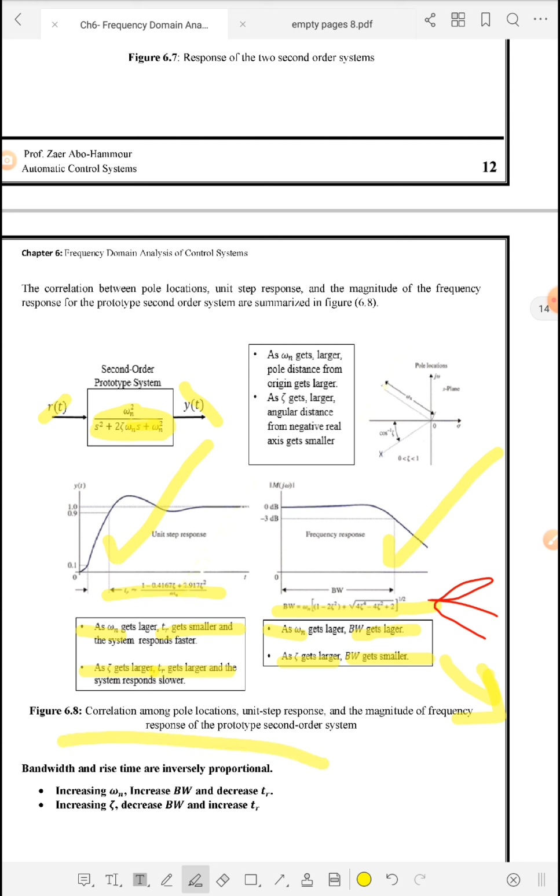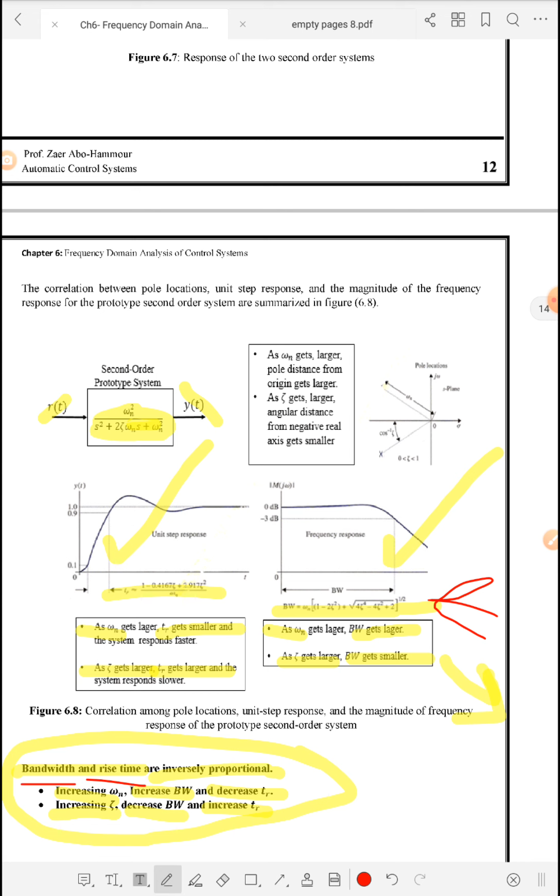So what are the end results? The end results are here, that bandwidth and rise time are inversely proportional. Increasing omega n will increase the bandwidth while it will decrease the rise time, and increasing zeta will decrease the bandwidth and will increase the rise time. So this is the final conclusion, that bandwidth and rise time are inversely proportional.